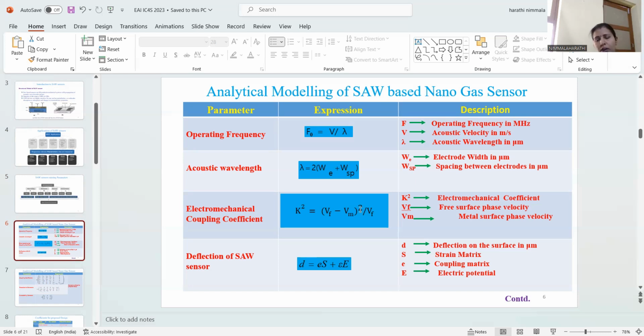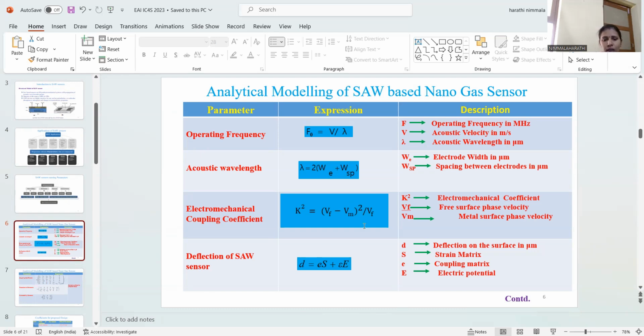This coefficient deals with how efficiently there is a bonding between the sensing layer, IDTs, and the piezoelectric crystal. The higher the electromechanical coupling coefficient, the better the performance of the sensor. So in order to have a better electromechanical coupling coefficient, we have chosen lithium niobate for this purpose.